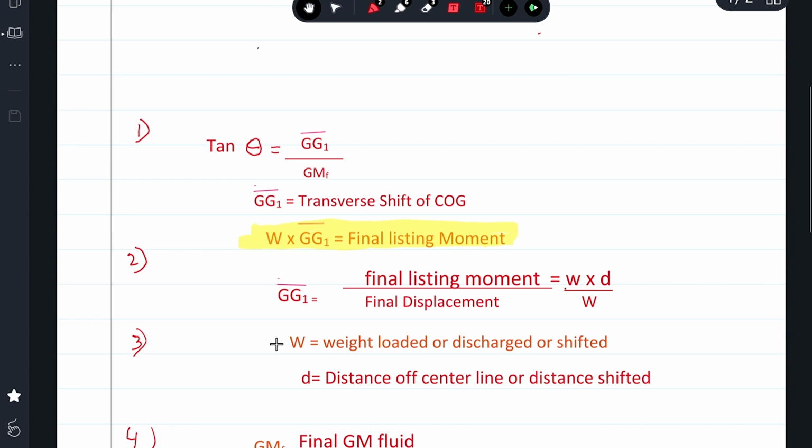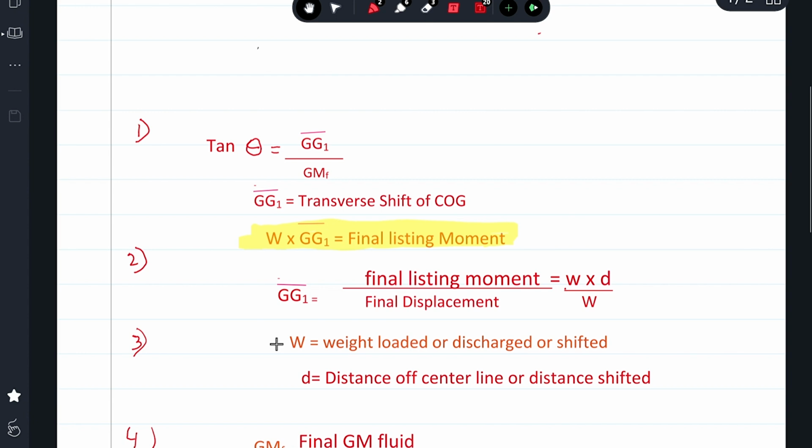W multiplied by GG1, the transversely shifted GG1, will be the final listing moment, because the weight has been loaded or discharged already, and the displacement is the final displacement. W is the final displacement because it is acting from G1, the shifted center of gravity.